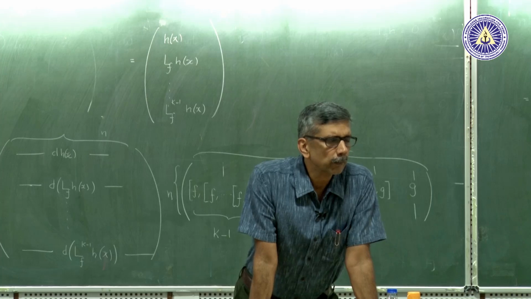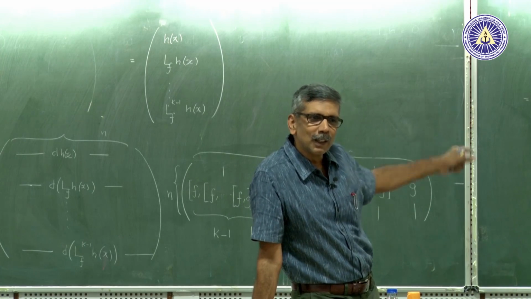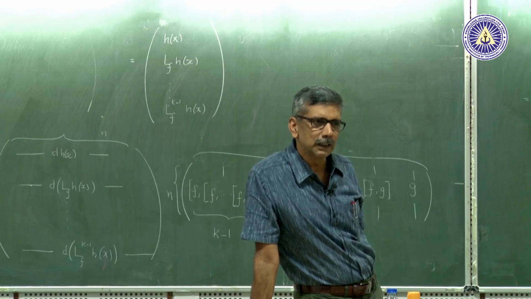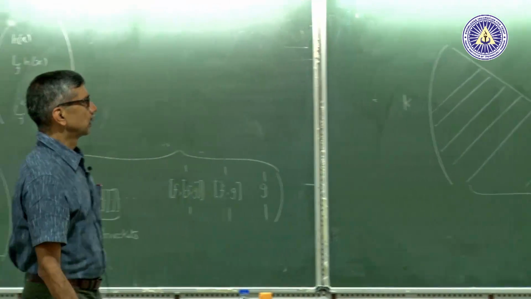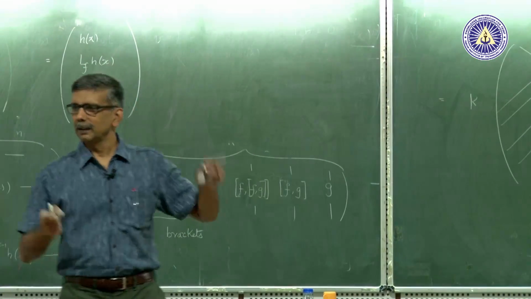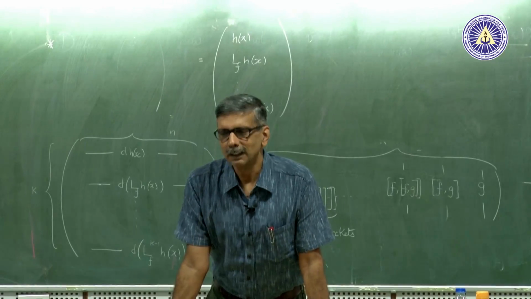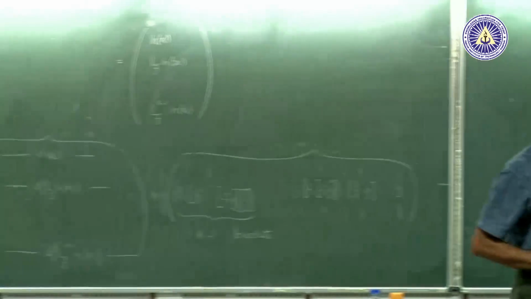LG LF is 0. But LF LG is not 0. No, but I thought that was the mistake we made earlier. By relative degree, I think it's only LG H should be 0, not the other one. Okay, so essentially, yes, just LG H, correct. So let's leave it at this.